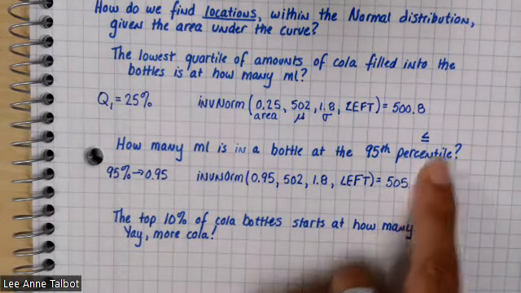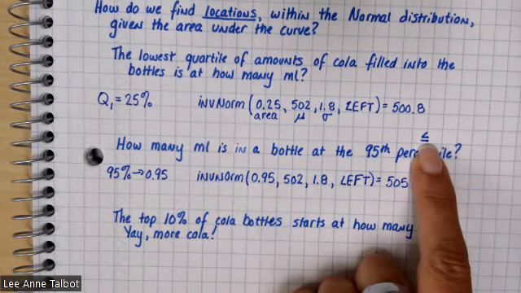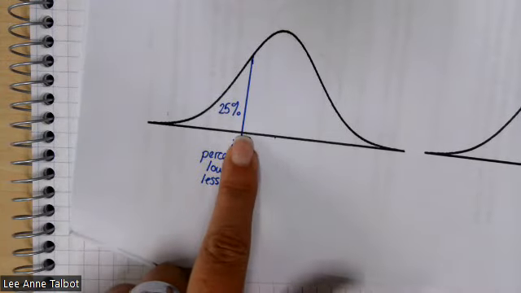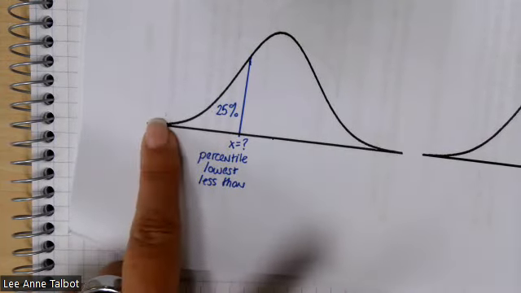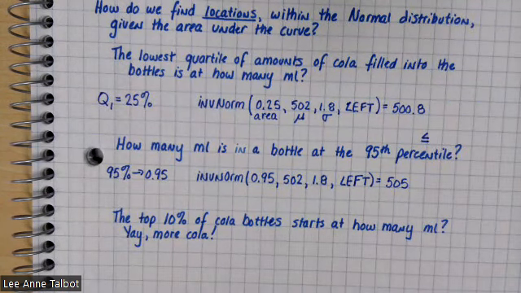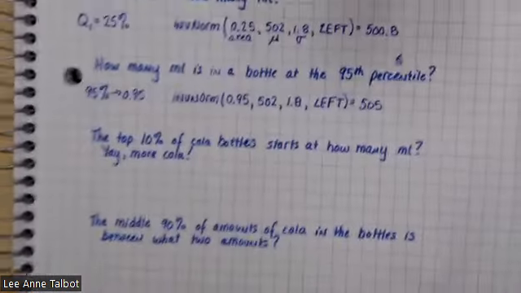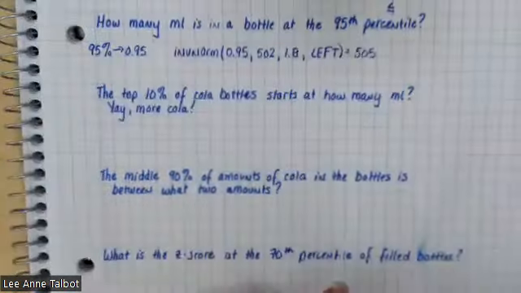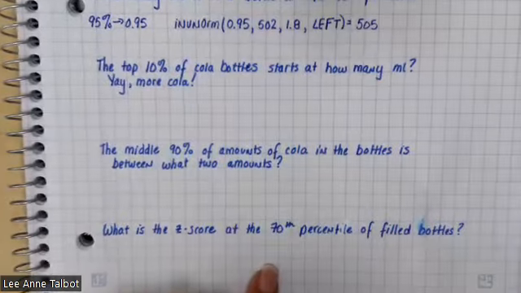Because the word percentile means less than or equal to. Left is shaded to the left, so less than or equal to is always left. You can also just look at the direction the arrow is pointing. Okay, this is the end.